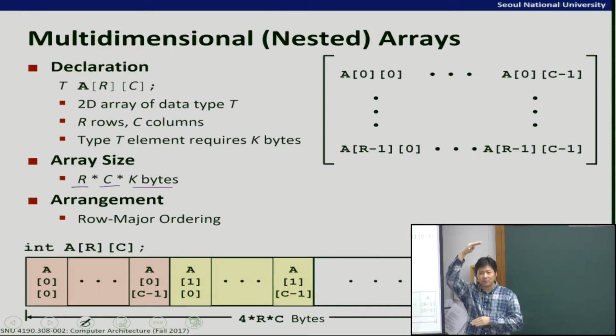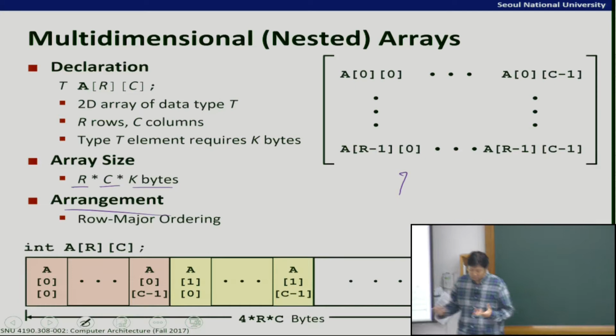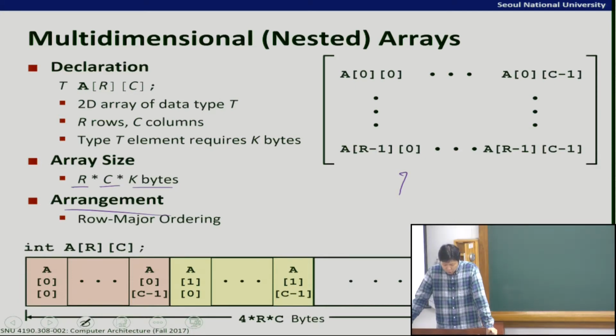Then how can we map this two-dimensional space, or generally a space of more than two dimensions, into a one-dimensional space in memory? And in C, and generally true for any other language, we take row-major ordering.